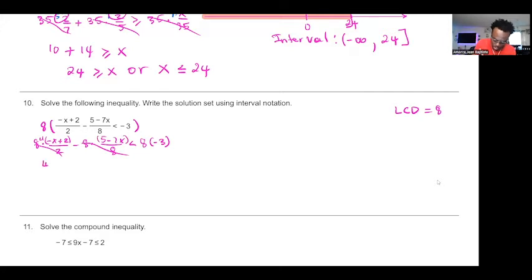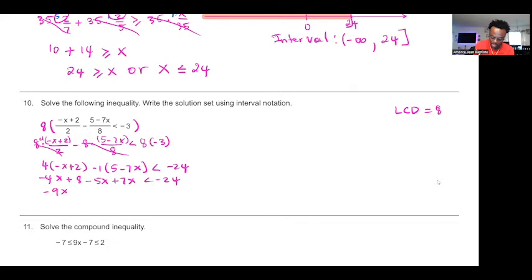So that's 4 times negative x plus 2, minus 1 times 5 minus 7x, less than negative 24. Distribute: negative 4x plus 8 minus 5x plus 7x less than negative 24. And then we're going to combine like terms.